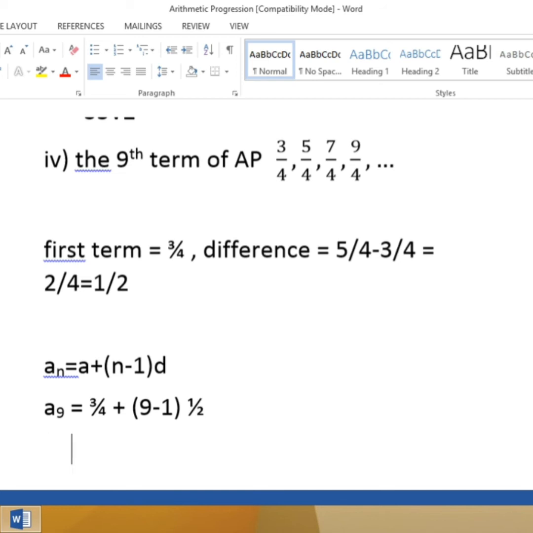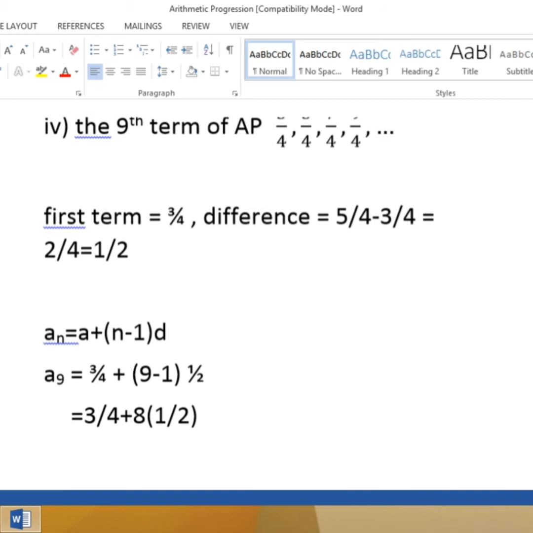So that's going to be 3 by 4 plus 9 minus 1 is 8, 8 into half. We can cut actually, 8 and 2 goes. 4 times 2 is 8.